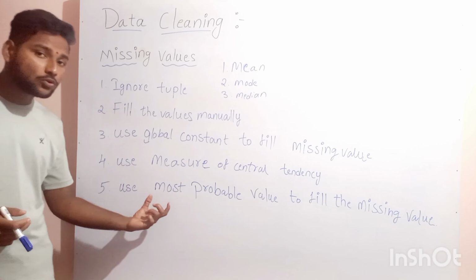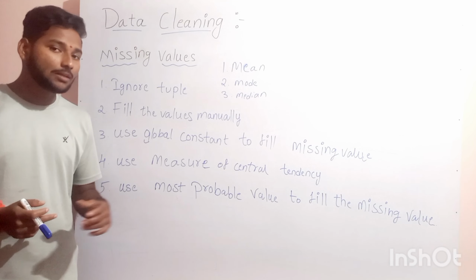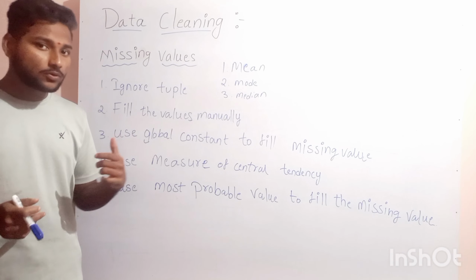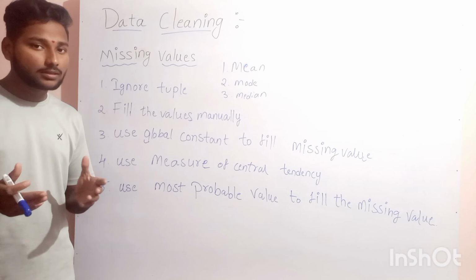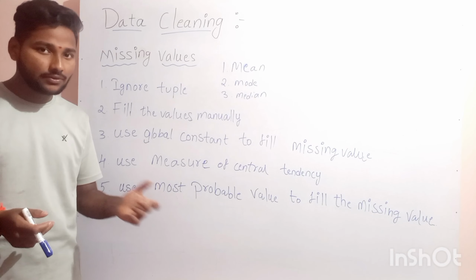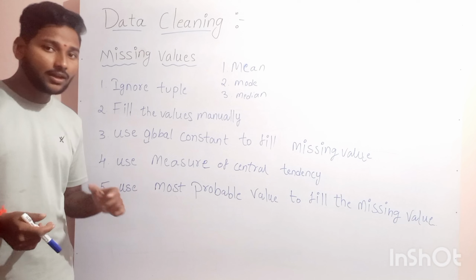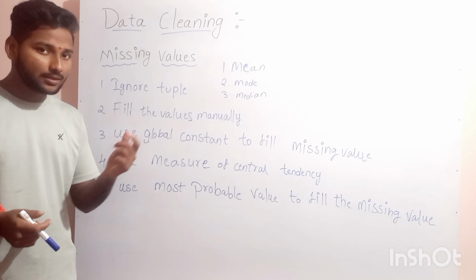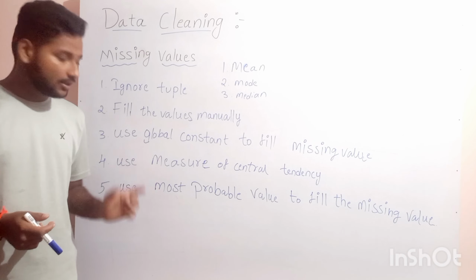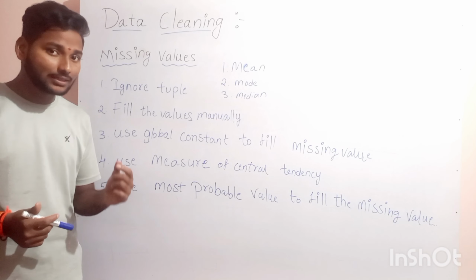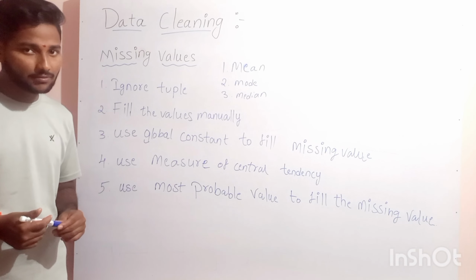Fifth, use the most probable value to fill the missing values. For example, in the age field, if the most probable value is 35, meaning the maximum number of ages are 35, and any person leaves the age empty, we can fill in the most probable value, 35, so that 35 is placed in the missing value.